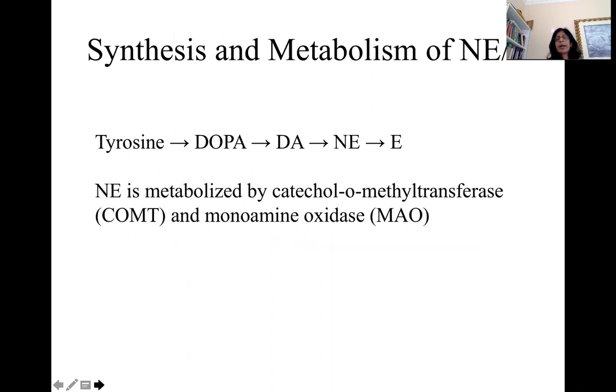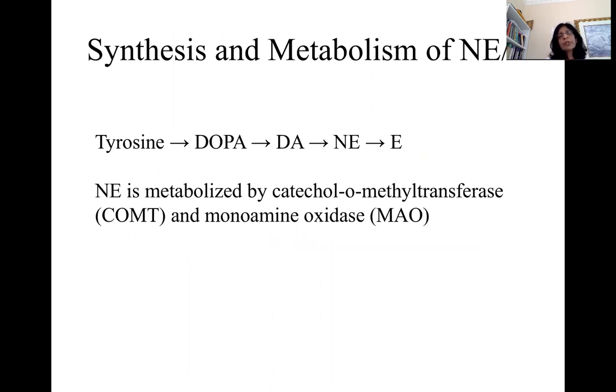What are catecholamines? A group of neurotransmitters that involve dopamine, norepinephrine, and epinephrine. All three are made from one amino acid type, that is tyrosine.